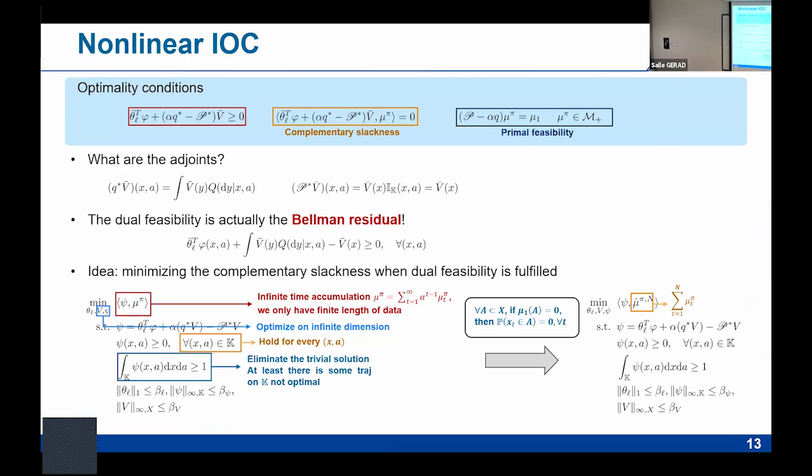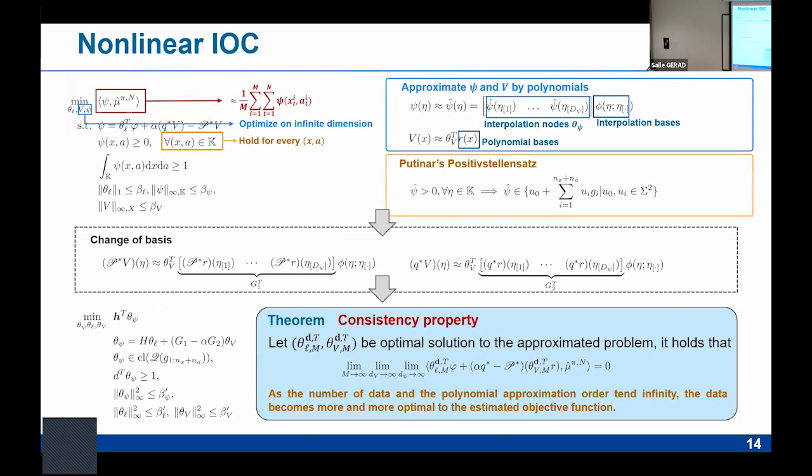For example, the zero function is always optimal for everything, right? So it all depends on how you pose the problem. If you have a very clever choice of phi, you can put structure into it, and then you will probably converge to the true thing. But for the nonlinear case, what you can really say is that you can converge to the true optimality conditions. Namely, you can have some model that describes the data.